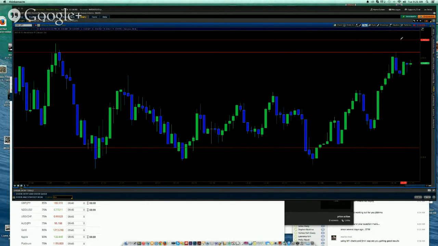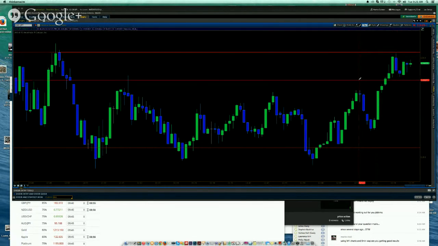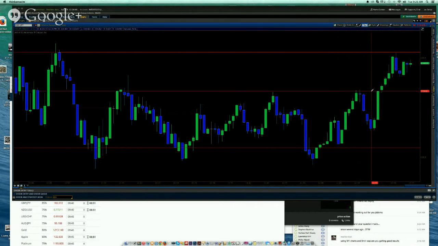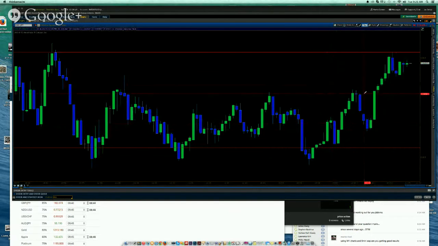If you get in above your resistance line, then that's even better. If you get in below your support line, then that's even better. It gets a little more risky when price has already started making its way and you get in late. You get in up here, or you get in down here. It gets a little risky.